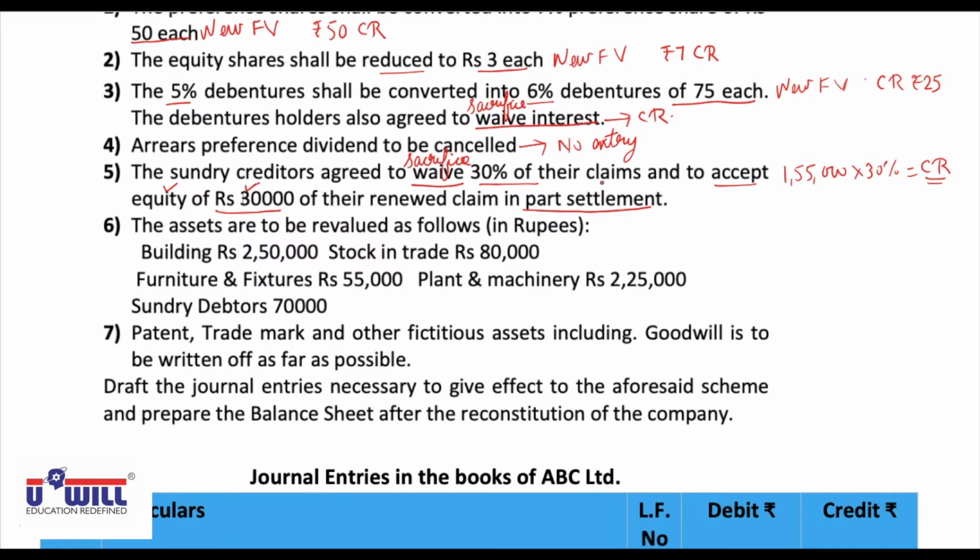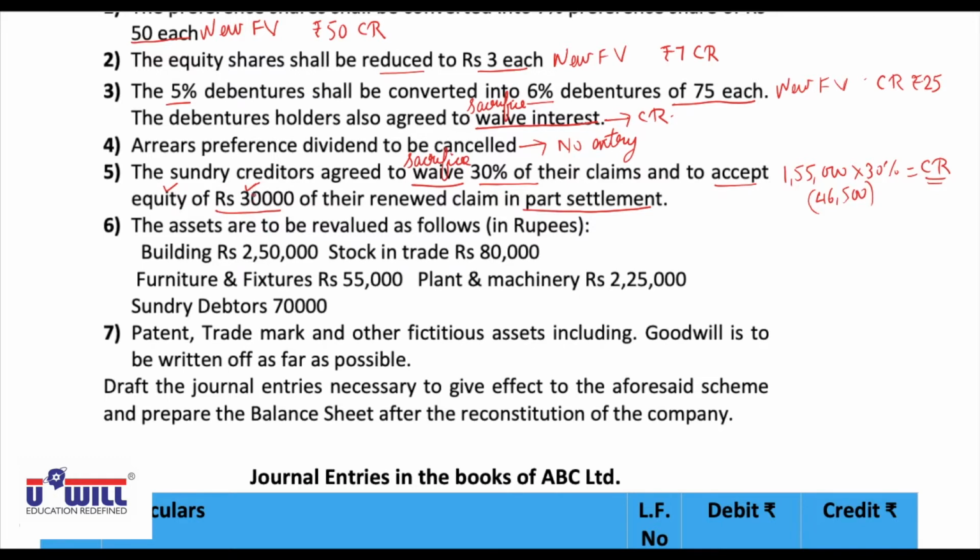I repeat it, if any confusion, pause, rewind this portion and listen again. The sundry creditors agreed to waive, that is sacrifice, 30% of their claims. So 1,55,000's 30%, 46,500, they will sacrifice, that will be transferred to capital reduction. And to accept equity of rupees 30,000, means 46,500 plus 30,000.